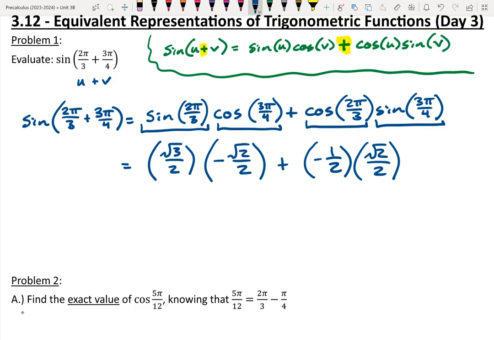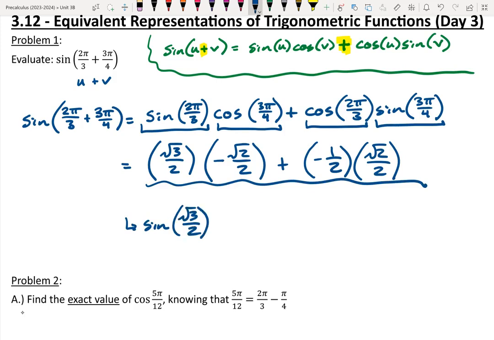Now, one thing before we move on, I want to note, because I have seen it this year, I've seen it previous years, so don't write this next line, please. What I have seen, instead of writing what we just had, is people write this: oh, 2 pi over 3 sine is root 3 over 2, and they keep the sine there. And then they write the next one, okay, 3 pi over 4 cosine is negative root 2 over 2.